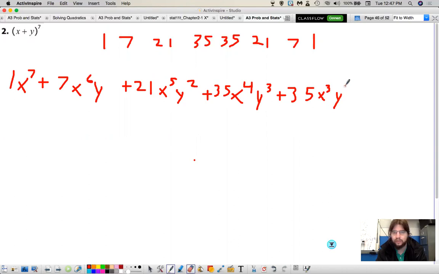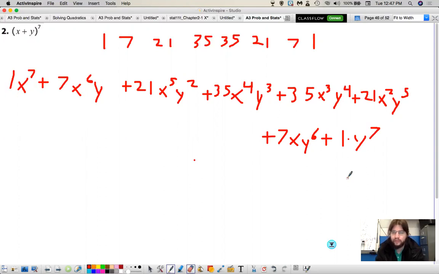Reduce x by 1, increase y by 1. Always add up to 7. Just go down here. And there we go. So you just literally write it out. If you have coefficients of 1 here, it's just easy. It's done. Easy peasy.